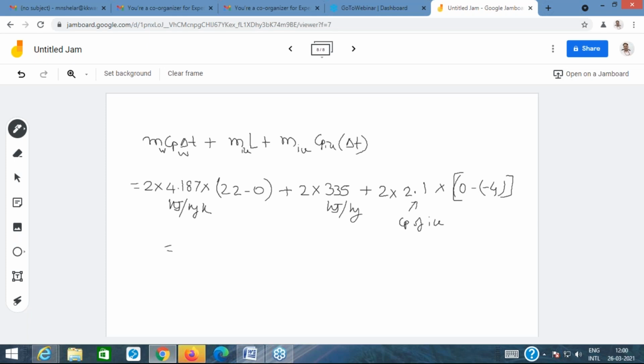So this value I had calculated as about 184 point something kilojoules. This is 670 kilojoules, and this value comes to me as 17.6 kilojoules. So if you do the addition, it comes to about 871 or 872 kilojoules, and then we need to divide it by time, right?